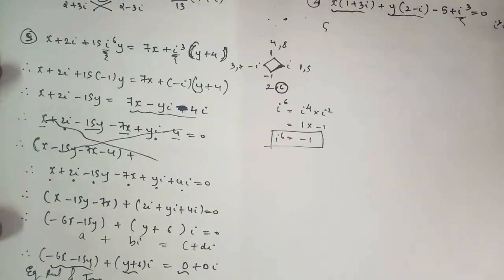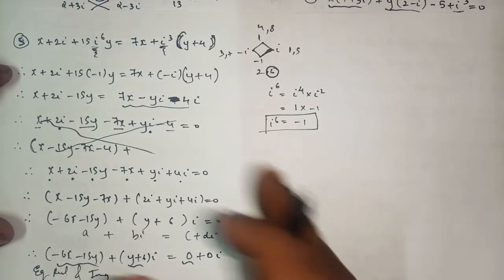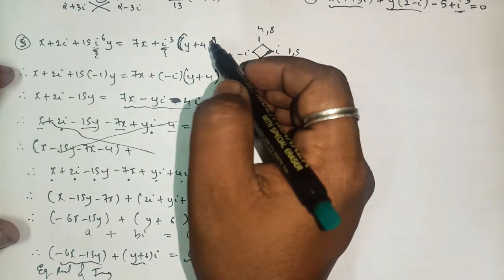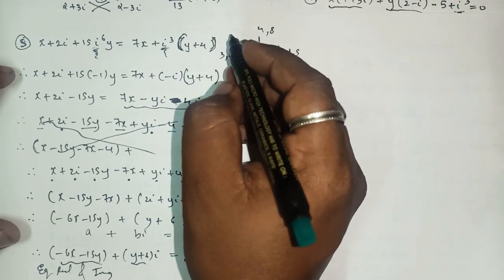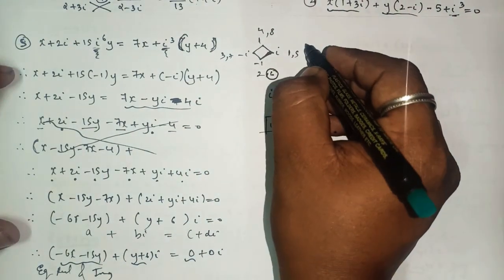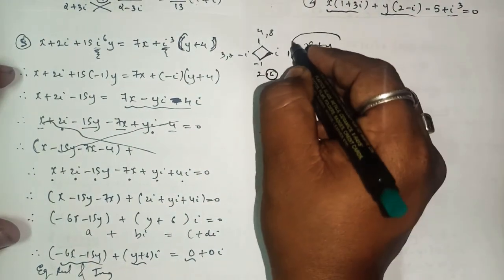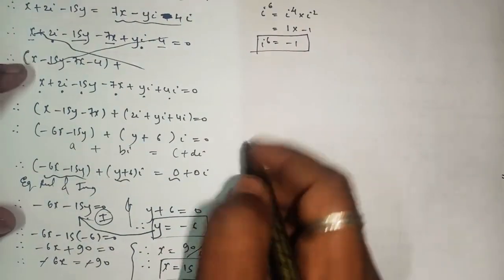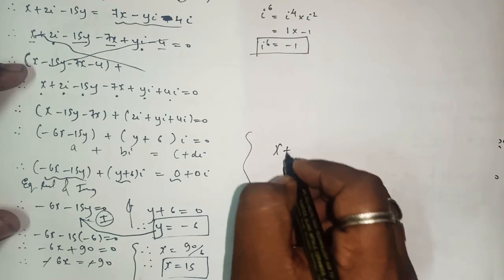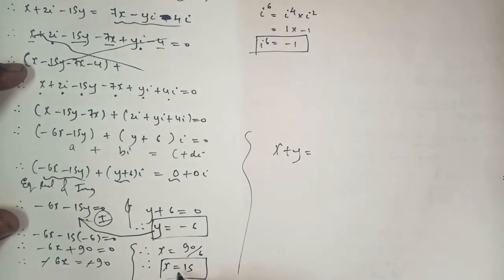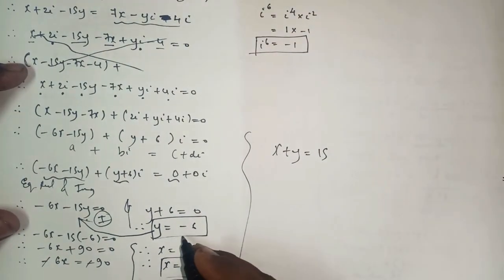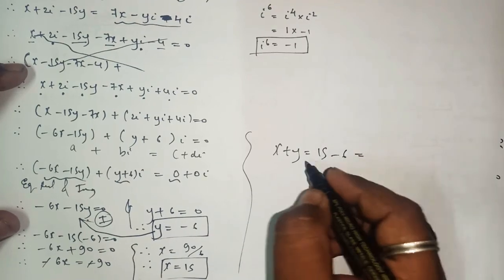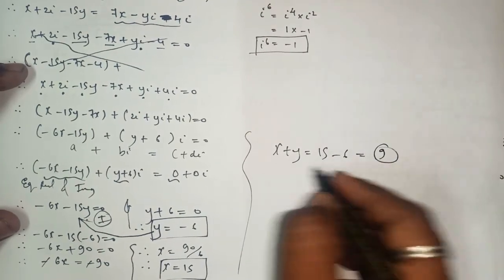Okay, so now in this question there is one twist. The twist is what? After finding the x and y, one more thing they had asked is to find the value of x plus y also. So after finding x and y, simply you have to find x plus y. So here we got x as what? 15, and y as what? Minus 6. So 15 minus 6 is what? 9.